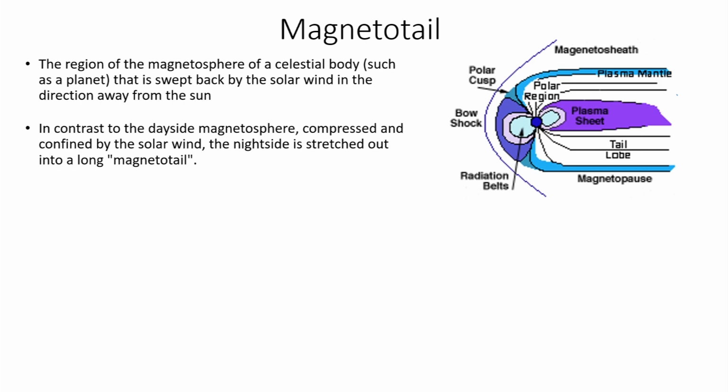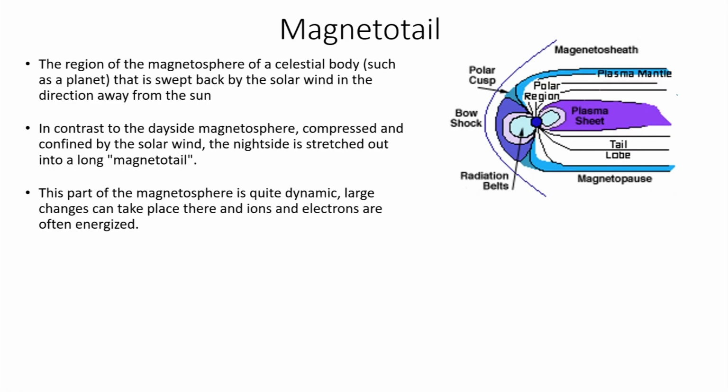This is just the opposite. On the day side, the geomagnetic field lines are compressed towards the center of the Earth, whereas during the night time they are elongated and stretched out.